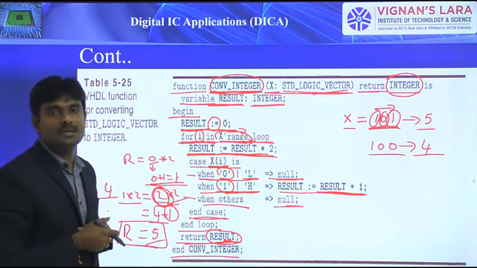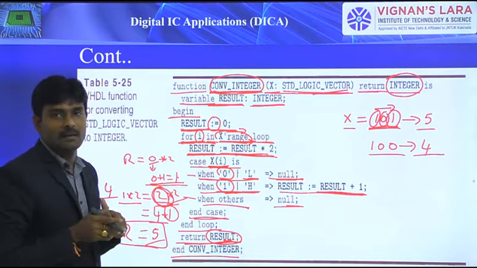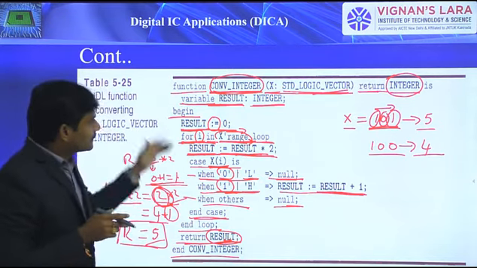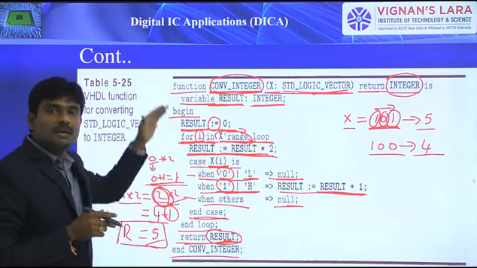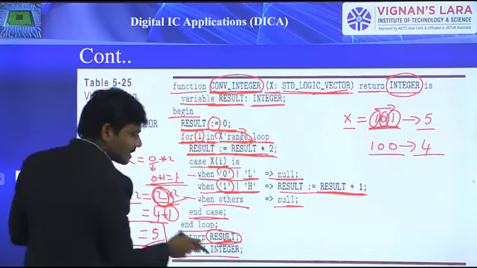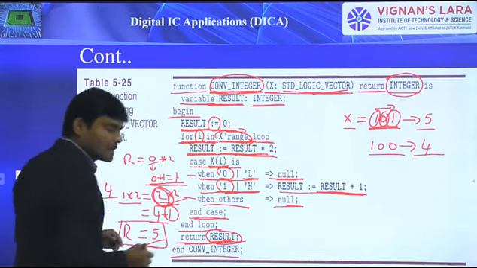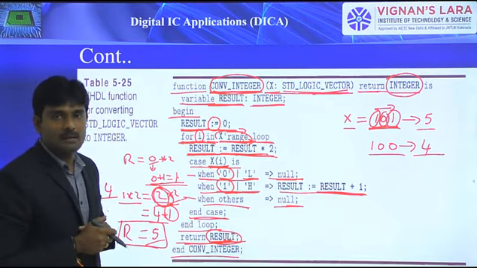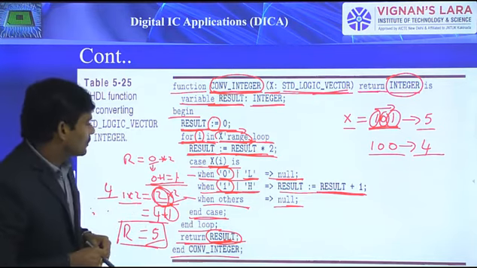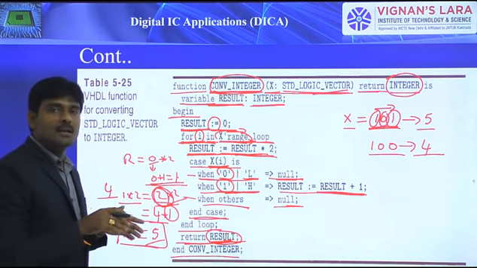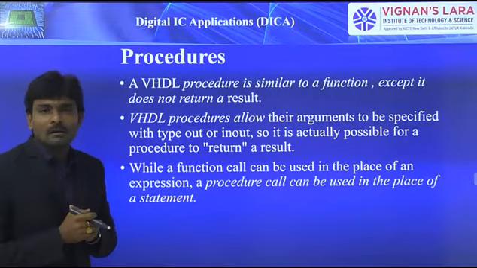There we described conv_integer of n. So wherever we call that function, after executing that particular function call, control comes to this particular function and all these are going to execute. Finally it is going to return that particular result value in integer form. Okay, so this is how to write a program in a function to convert binary into an integer.